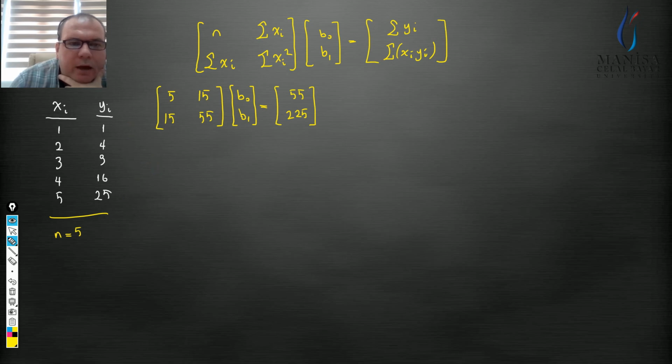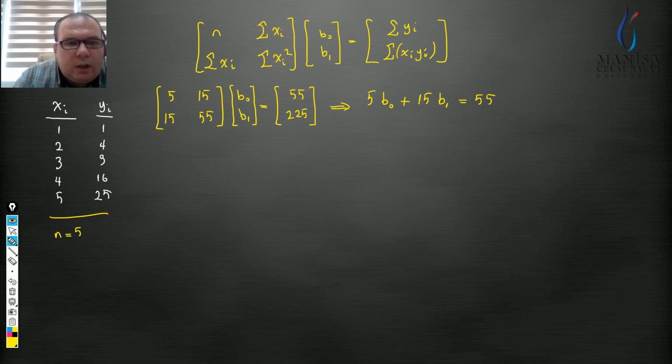Okay, now I have my matrix equation, and I'm going to multiply this matrix with this vector to create the equations. So we take the multiplication of this 5 and this B0, 5 B0 plus this 15 and this B1, 15 B1, which equals this 55.